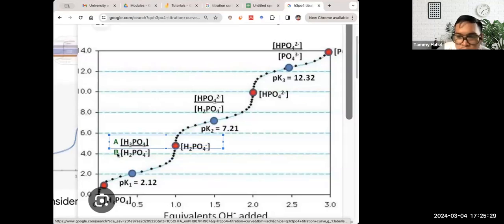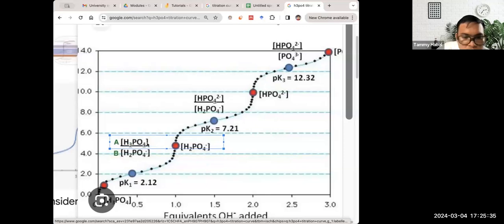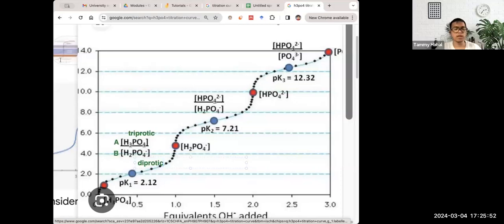It's the ratio, no? It means there's a greater value of your acidic triprotic form. As we said a while ago, triprotic means three, then your diprotic form. So it means that A has a greater value than B. It's for pKa, pK1.